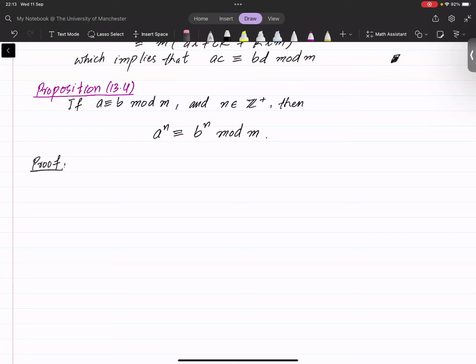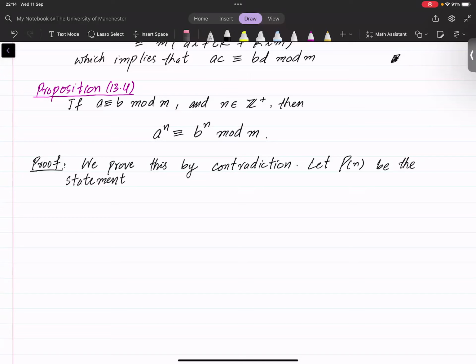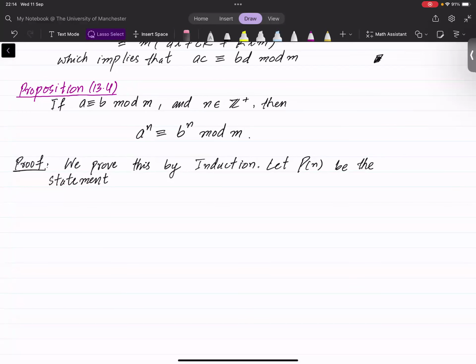We prove this by induction. Let P of n be the statement of the proposition.